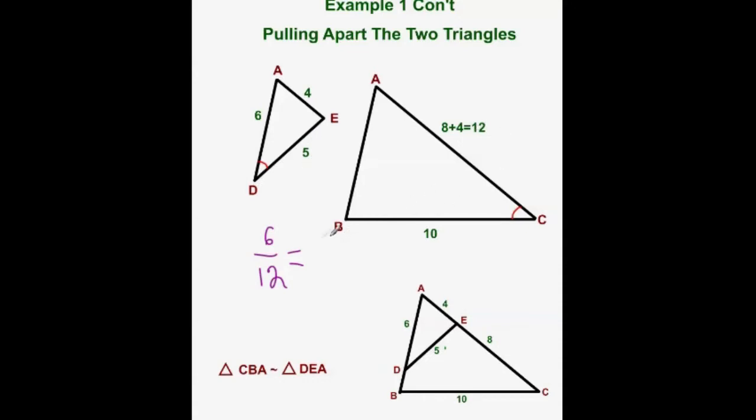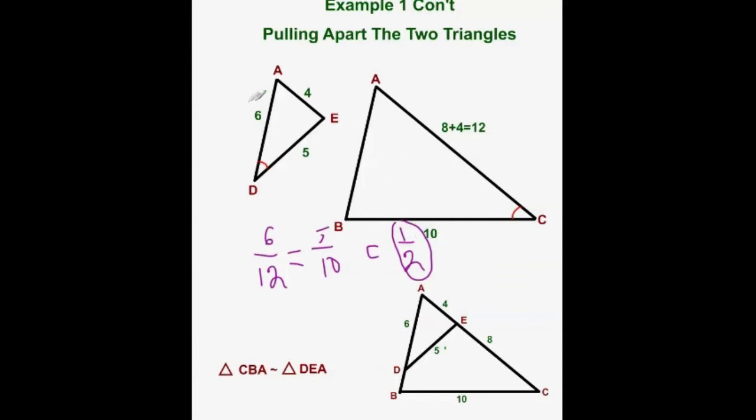Again, we're looking at the included angle. 5 is to 10. And guess what? They both come out to be 1/2. So there is a proportionality here. This is my similarity ratio, 1/2. I could have done it backwards and come up with 2/1 for a similarity ratio. It just depends on perspective, small to big, big to small.